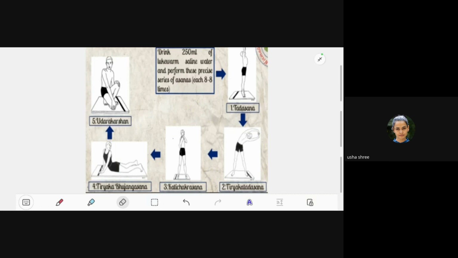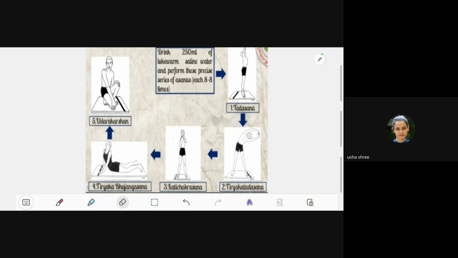Even fruit juices are not allowed because they are quite harsh, with lots of vitamin C and other vitamins and minerals, which could be very harsh to your intestine at that moment after the Shankhaprakshalan.